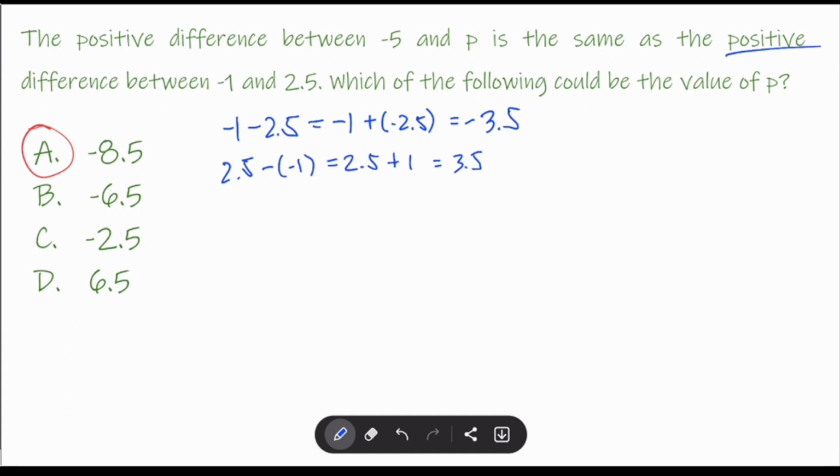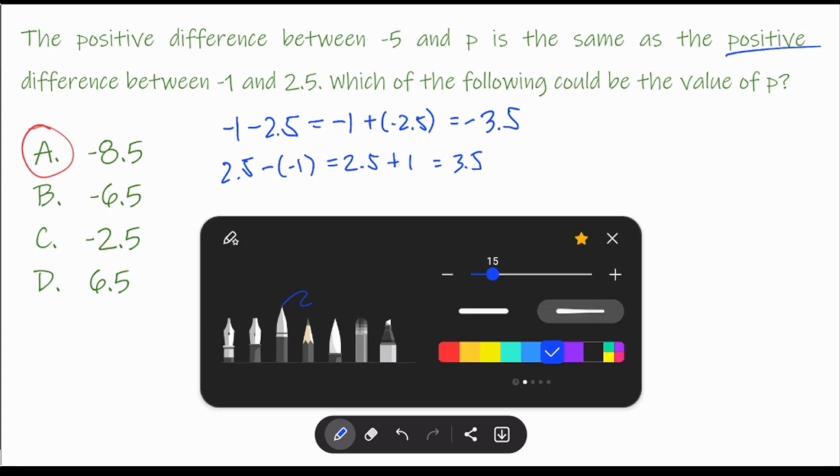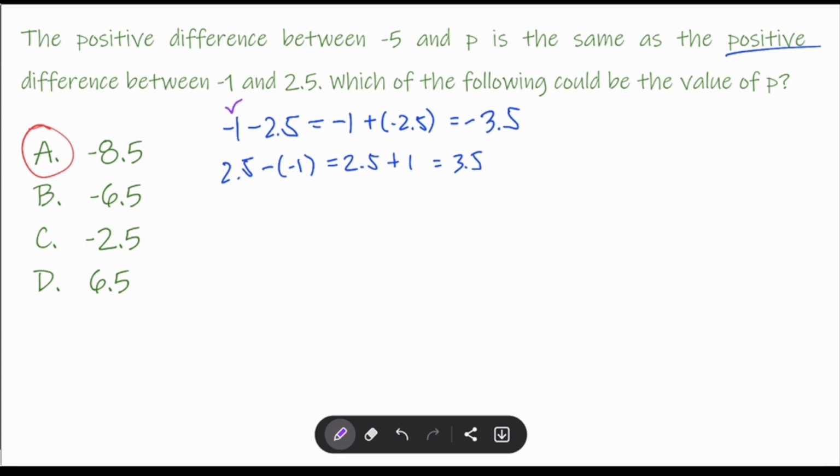You might wonder why it's like that. The rule for subtracting integers is that you copy the first number, change the operation to plus, and then change the sign of the next number to its opposite. That's why it becomes -1 plus -2.5.